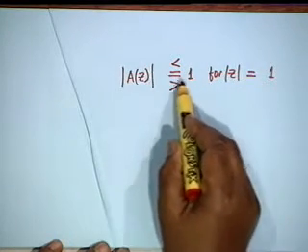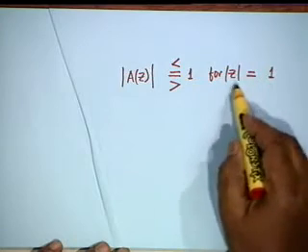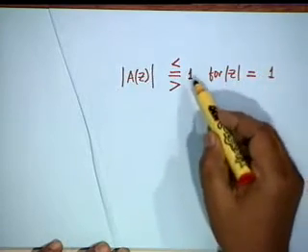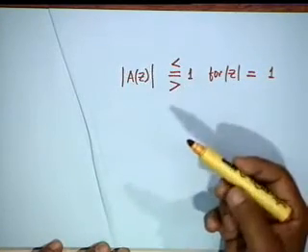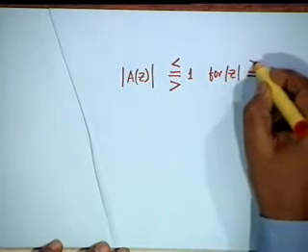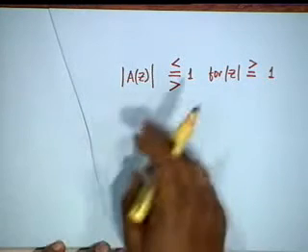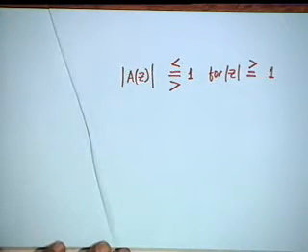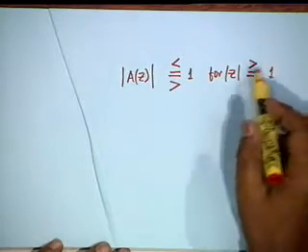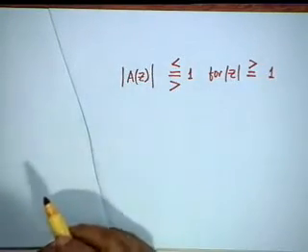Mod A(Z) is equal to 1 for mod Z equal to 1, and the other two signs are reversed. That is, mod Z greater than 1, outside the unit circle, mod A(Z) is bounded, is greater than unity. I beg your pardon. Outside the unit circle, mod A(Z) is less than 1.